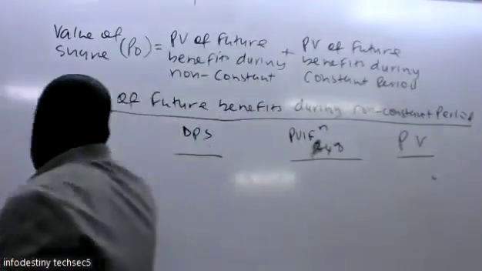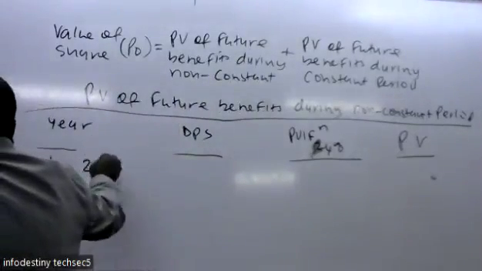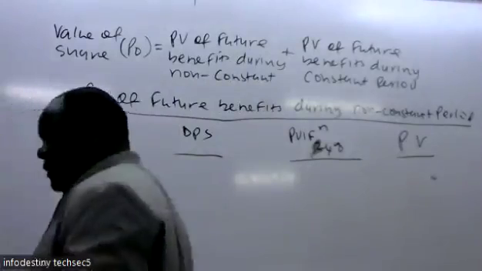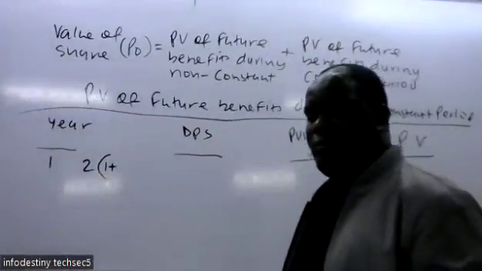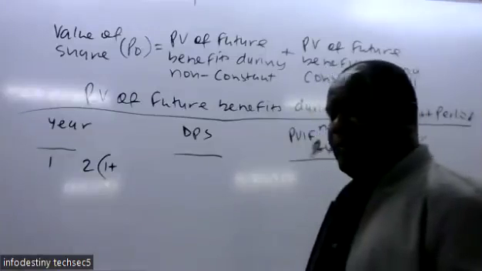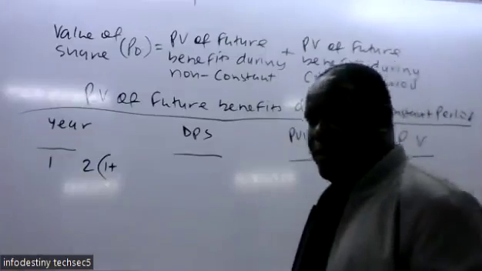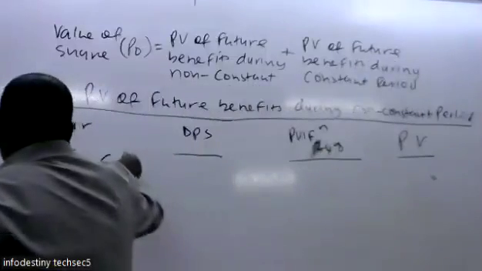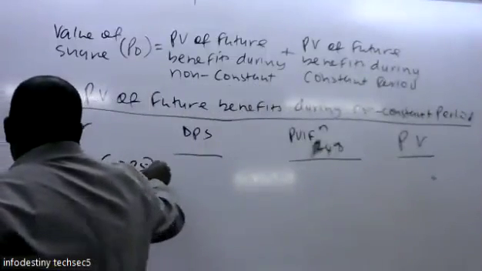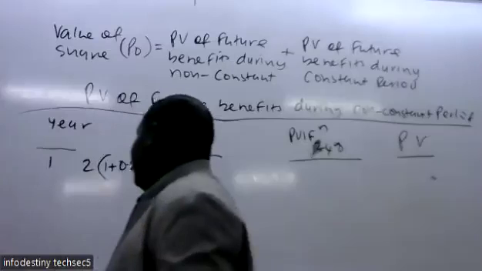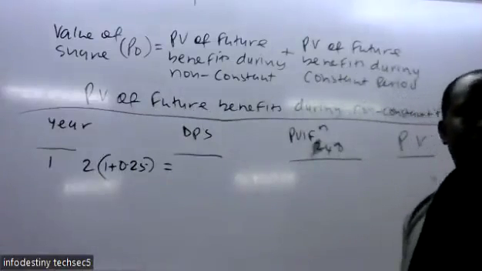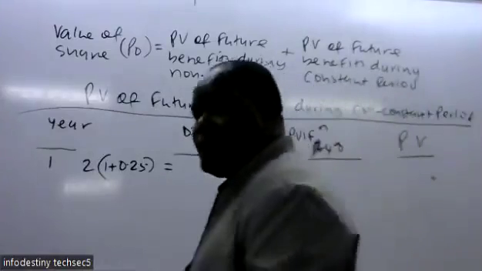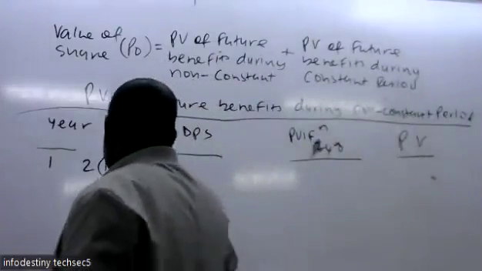You take the 2 shillings, increase it by 25%. You can see note number 1. Dividends were to grow at a rate of 25% per annum for the next 3 years. So increase it by 25%, not by 0.25, so that you get the dividend per share in year 1. That is 2.5.